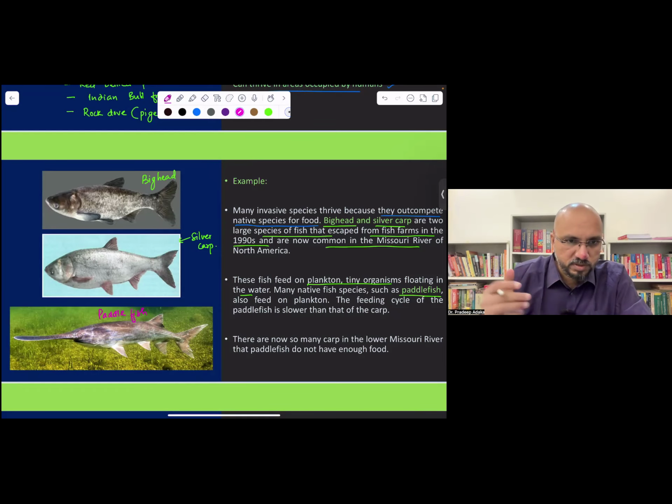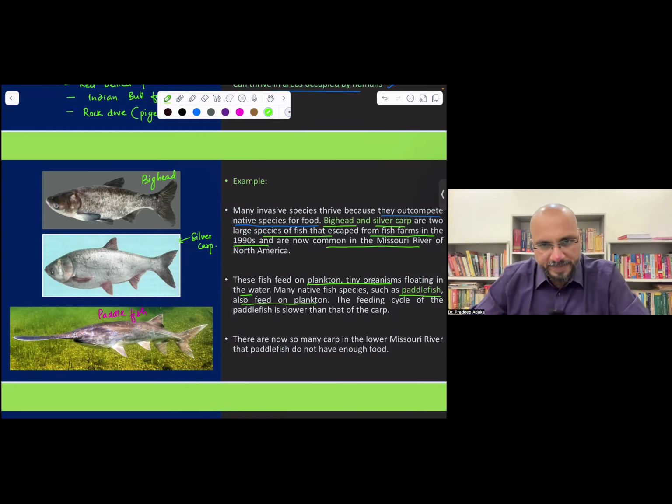Because of the nose, it got this name, the extended nose. The paddlefish also feeds on plankton. Your bighead and silver carp also feed on these plankton, but they are prolific eaters. So the paddlefish was not able to compete with these invasive species for food. The feeding cycle of the paddlefish is slower than that of carp. It eats slowly.